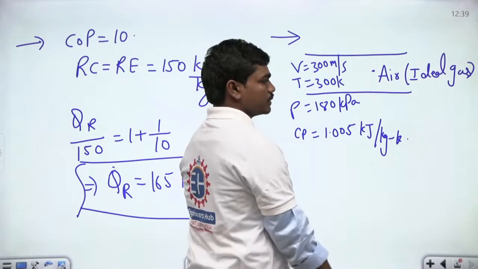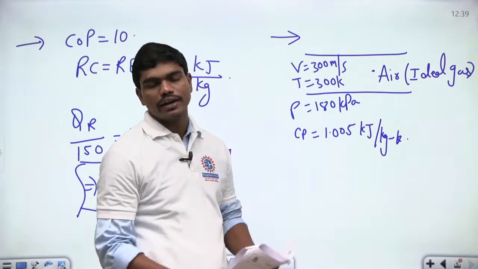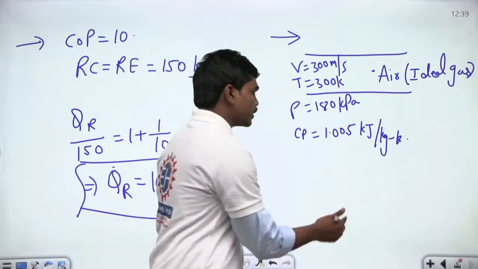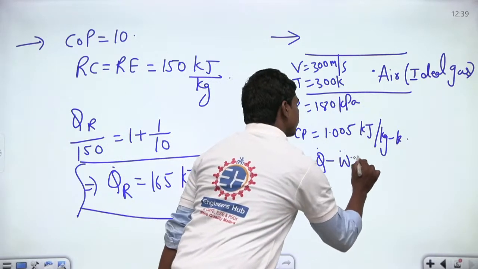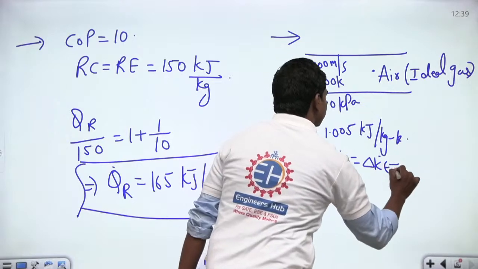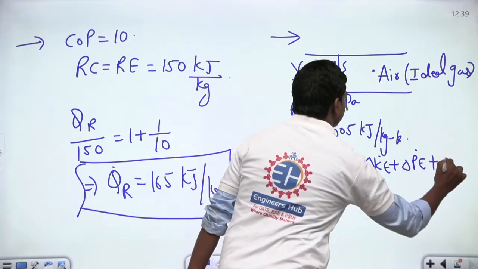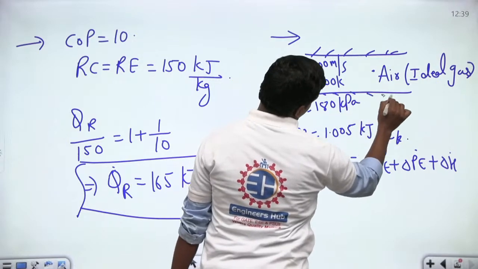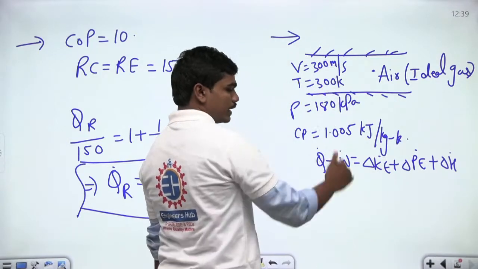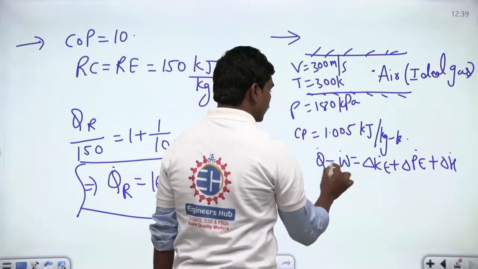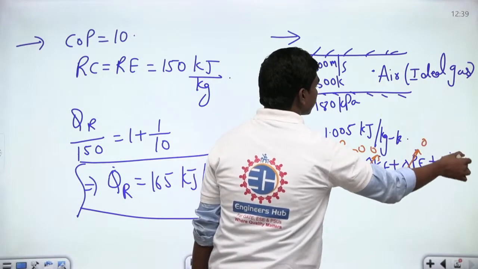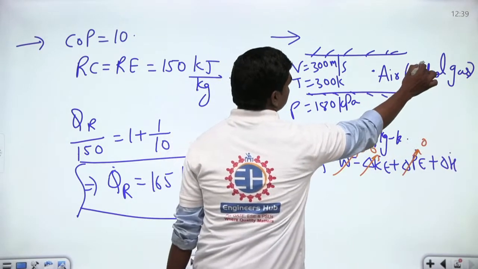Correct? Yes, stagnation temperature. And you know, at the stagnation point, there is no velocity. So if you apply the basic steady flow energy equation, we have Q dot minus W dot is equal to delta KE plus delta PE plus delta H. And since this is insulated, then definitely there is no heat loss. If you equate Q dot to 0, W dot to 0, delta PE to 0 and all, then the initial enthalpy should be equal to the final enthalpy.